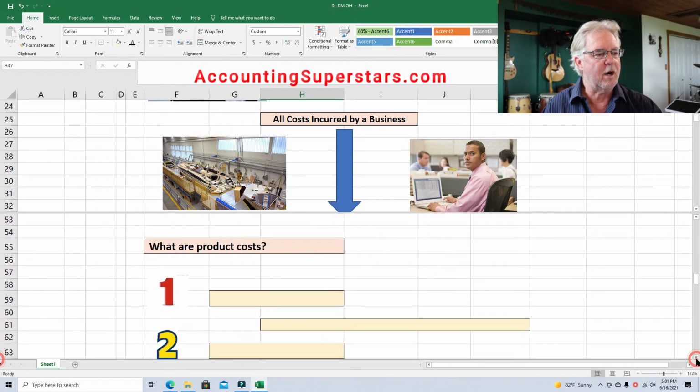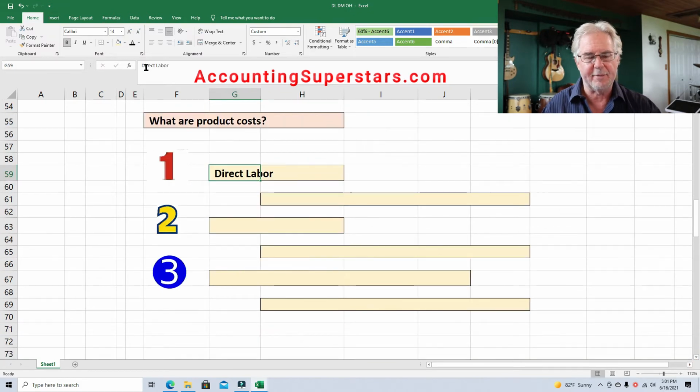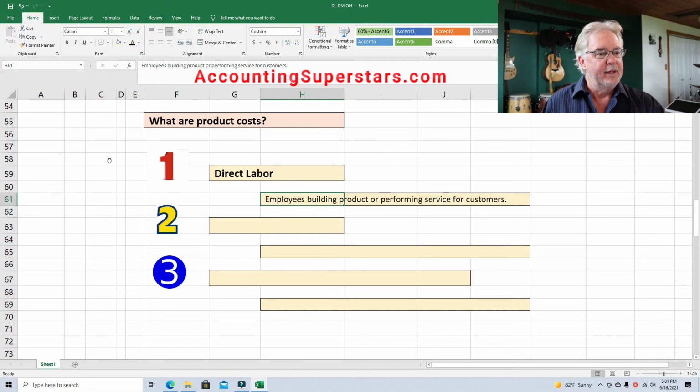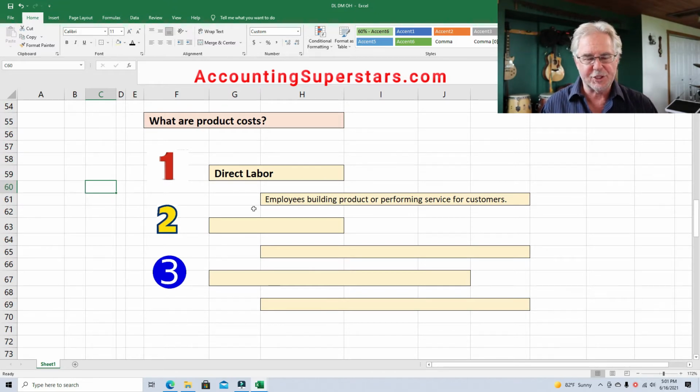So what are product costs? First, direct labor. What the heck is direct labor? Here's a definition for you. Direct labor includes employees building the product or performing services for customers. If it's a manufacturing organization, these are the employees that are actually physically building the product.